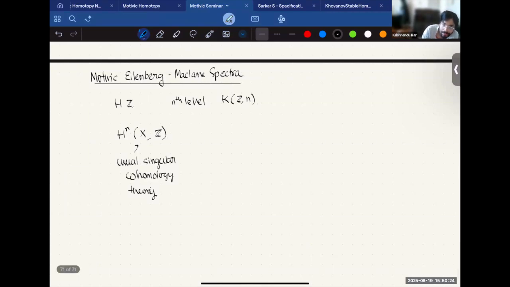That is the same as, in the stable homotopy category of spectra, the maps out of the suspension spectrum into HZ. Okay, I'm in a tricky situation now.